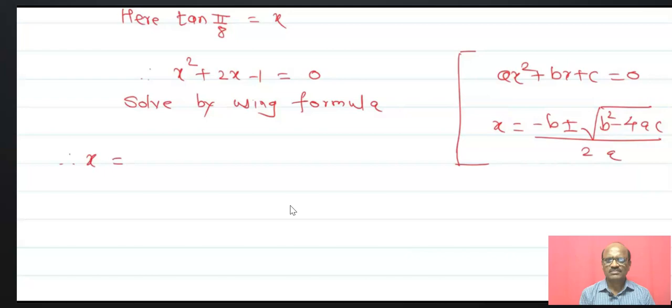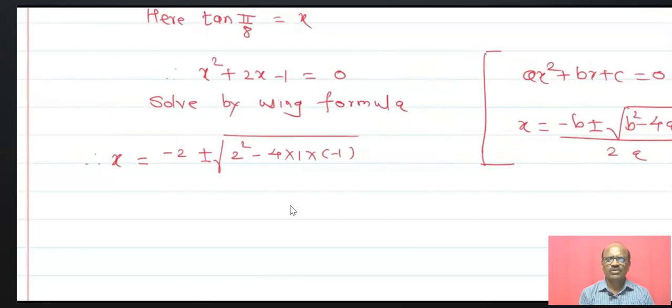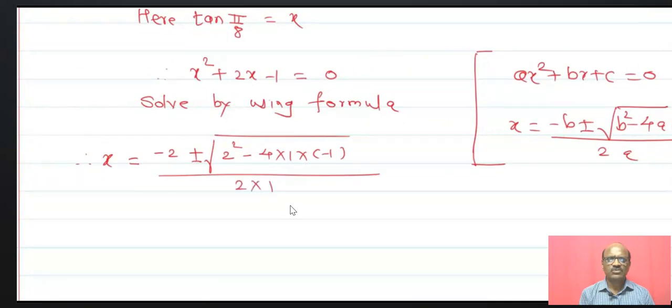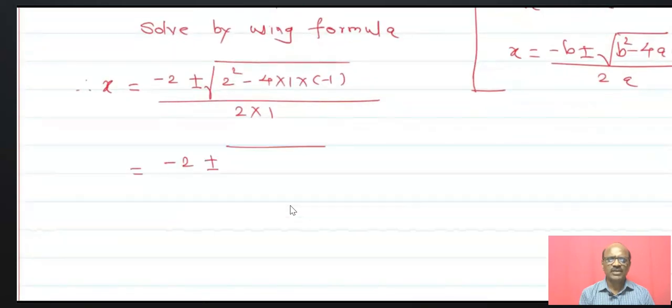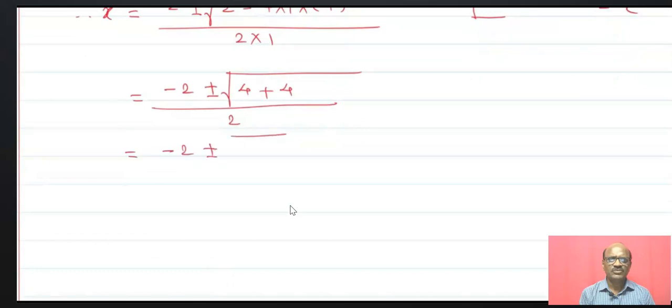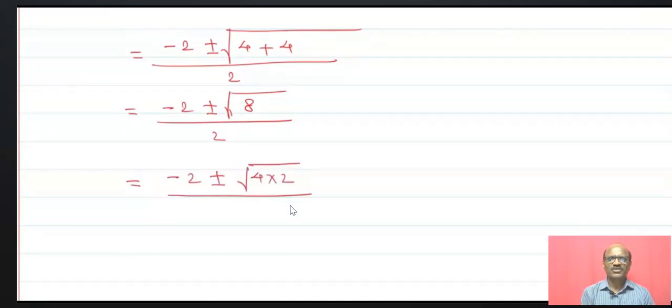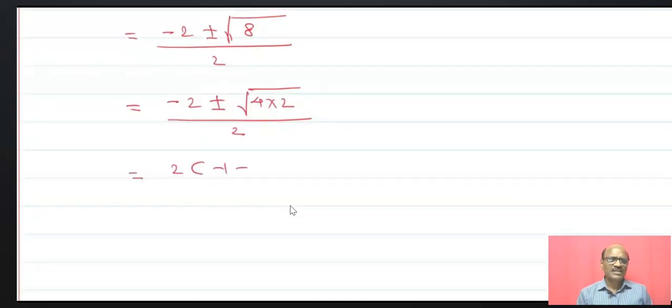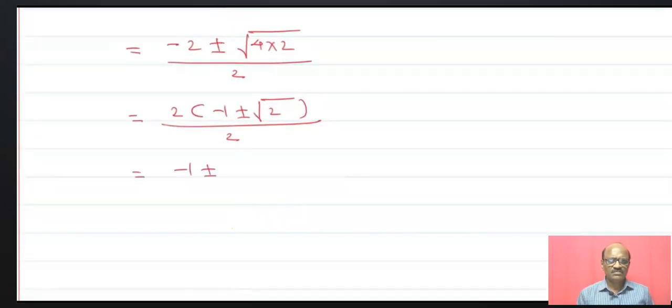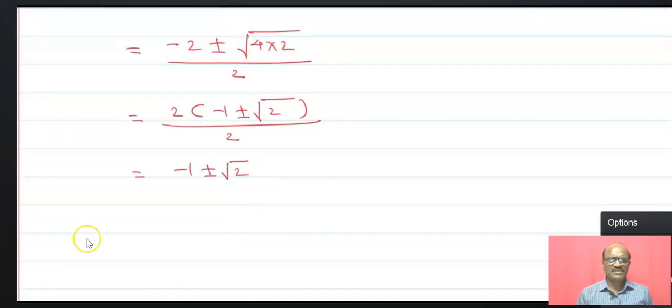That is x equals minus 2 plus or minus root of 2 square minus 4 into 1 into minus 1, upon 2 into 1. That is minus 2 plus or minus root of 4 plus 4, that is 8, upon 2. And 8 means 2 into 4, take the square root of 4, which is 2, and take 2 as common. Very simple calculations are there, not necessary to explain more.